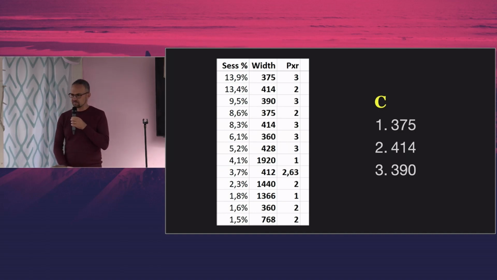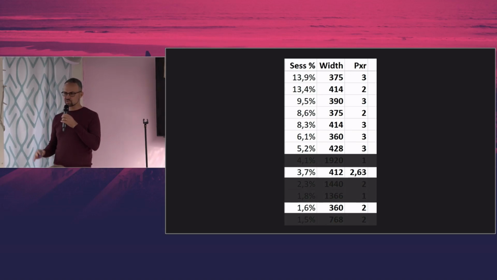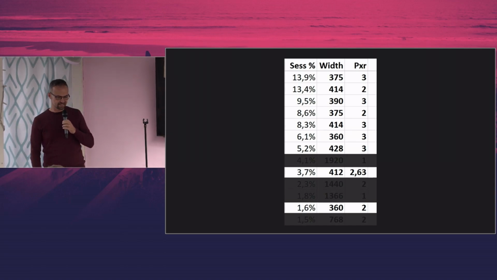And this is our resolutions. If you look at them, you will see that most of them are mobile resolutions. Almost all of them are smartphones, from 370 to 428. And the pixel ratio is sometimes 3, sometimes 2, and 2.6, I don't know what that is.